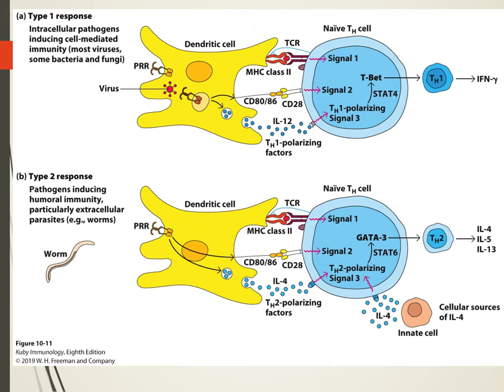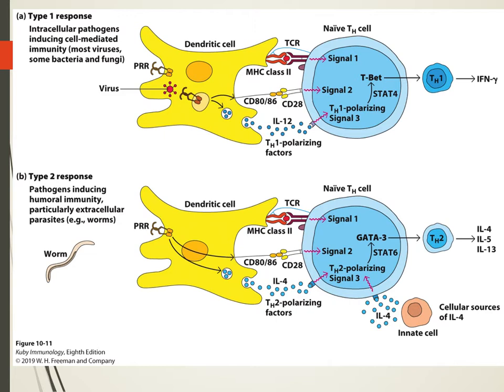Okay. Now looking at the type 2 response, again, this is usually extracellular parasites, so like worms. So you've got your dendritic cell that's come in and sensed the worm being there from its pattern recognition receptor. And so now it shares some of that antigen with the T cell.